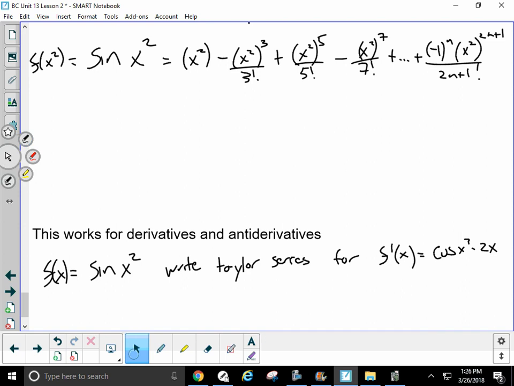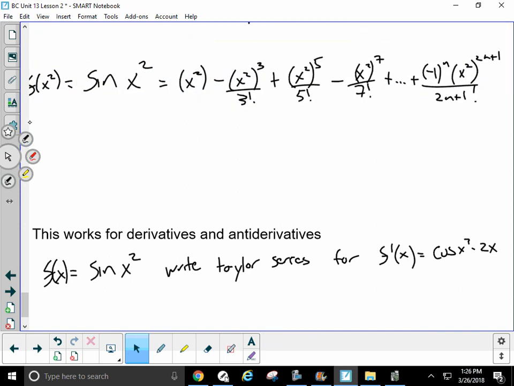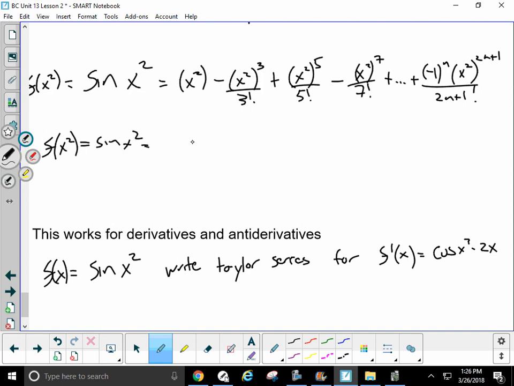I should write a simpler version here. This is x squared minus x to the 6th over 3 factorial plus x to the 10th over 5 factorial minus x to the 14th over 7 factorial.